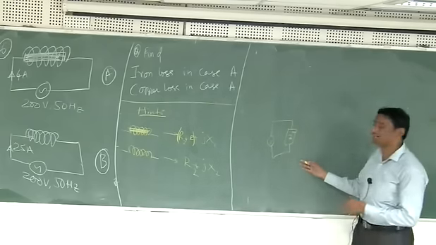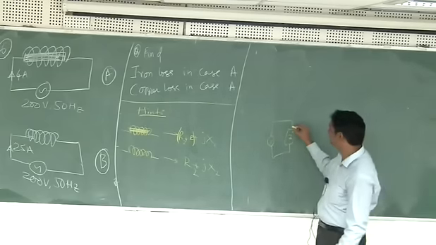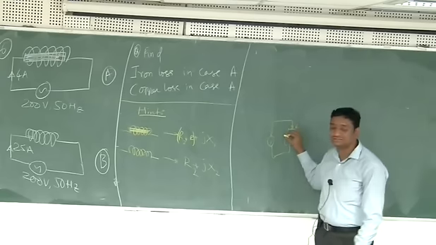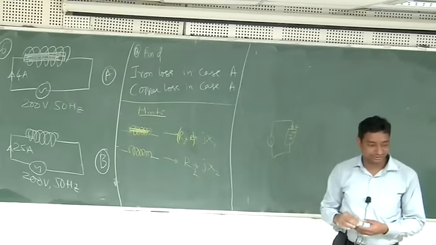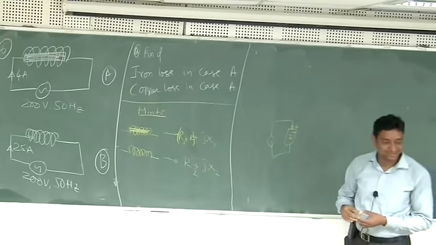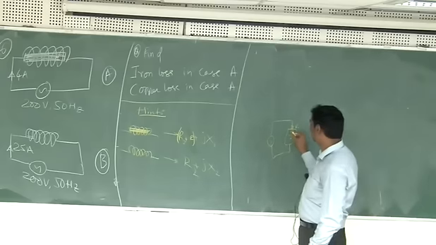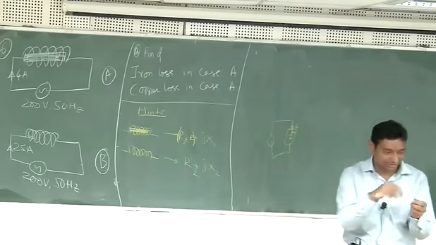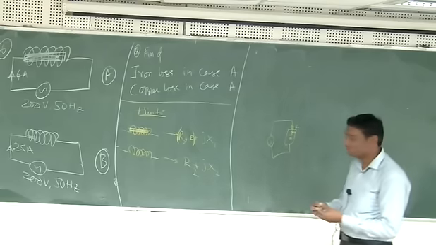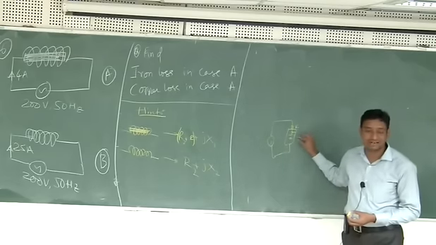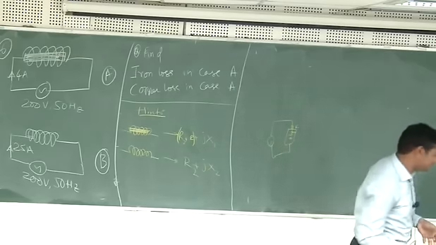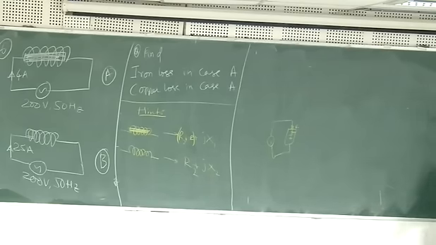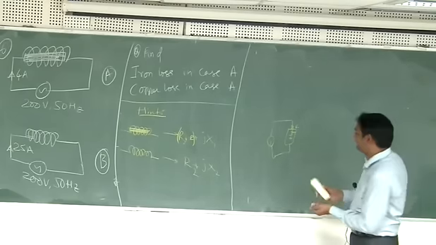But this is an electric circuit, so I'll put some R. That R is representing the losses in the iron. There is another R, which is actually the rho L by A kind of thing, the resistance of the copper wire itself. So there is one mathematical R and one actual R. That's the whole point of this question actually.